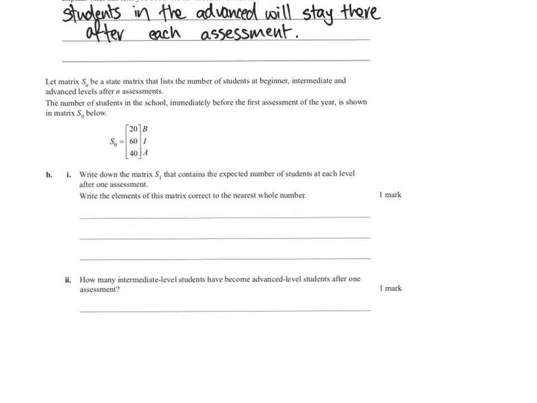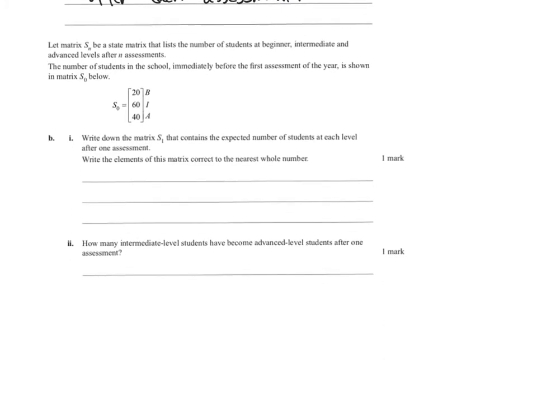So we've got our initial state, 20 in the beginner, 60 in the intermediate, and 40 in the advanced levels. Question B, write down the matrix S1 that contains the expected number of students at each level after one assessment. Write the elements of this matrix correct to the nearest whole number.